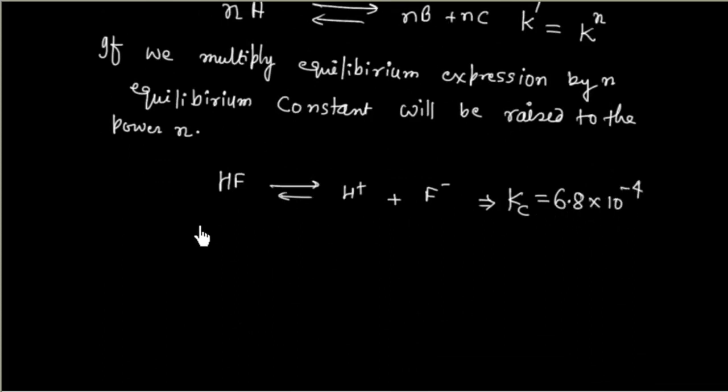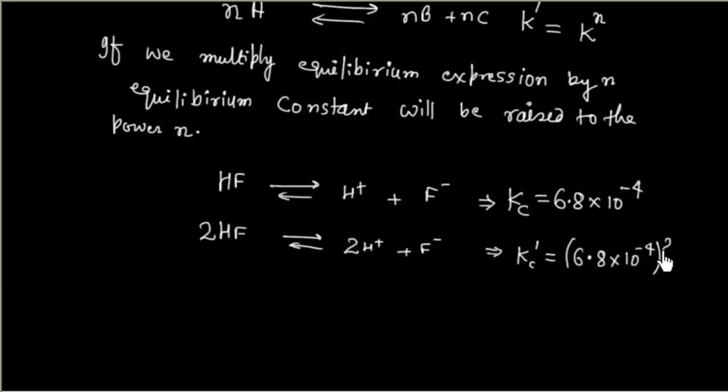If we multiply by 2 on both sides, the new equilibrium constant Kc dash will be 6.8 into 10 to the power minus 4, raised to the power 2, that is, the power is the same as the coefficient.